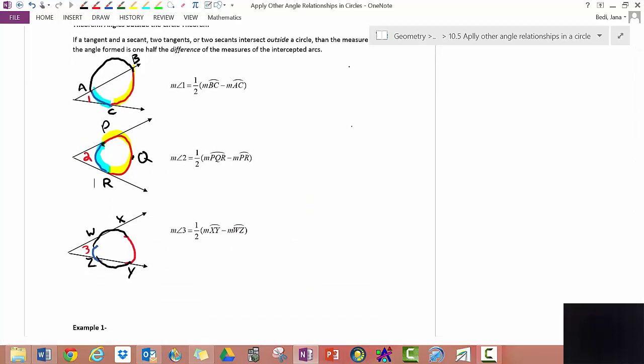The third case of an angle formed outside the circle is by two secants that intersect outside, and one more time we subtract from the outer arc the inner arc. Okay.